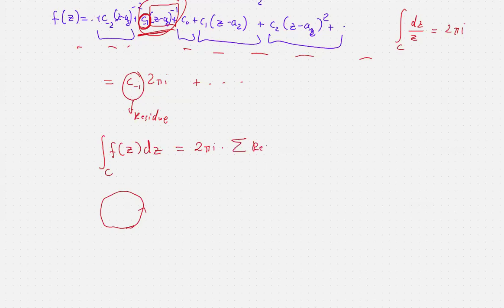So let's call the isolated singularities a sub I. So this sum is over all the isolated singularities.